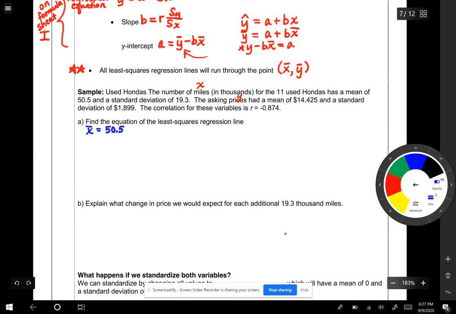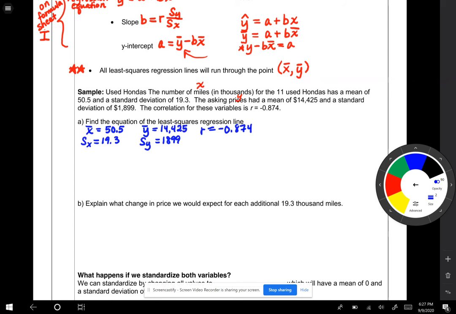The standard deviation was 19.3. y bar was 14,425. The standard deviation of the response variable was 1899. And we know that the correlation was negative 0.874.